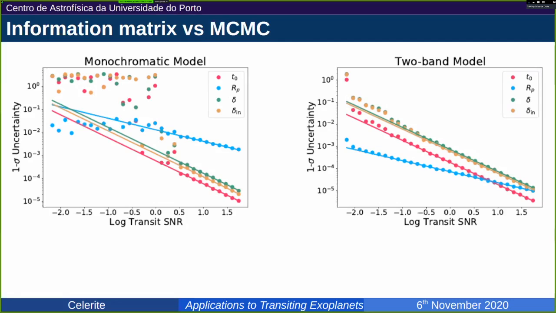The uncertainties don't match well globally up to a log transit signal-to-noise ratio of 0.5, in contrast with the two-band model at much lower signal-to-noise ratio. This is somewhat of an evidence that the two-band approach is superior in correlated-noise-dominated cases where signal-to-noise ratio is critical.